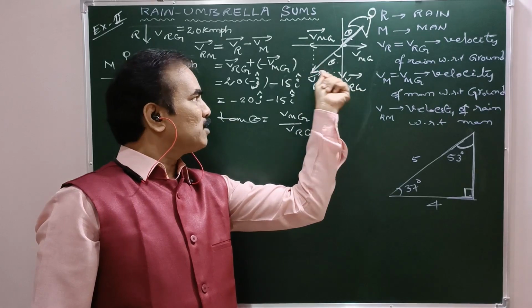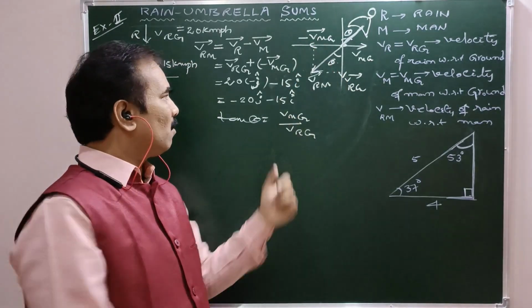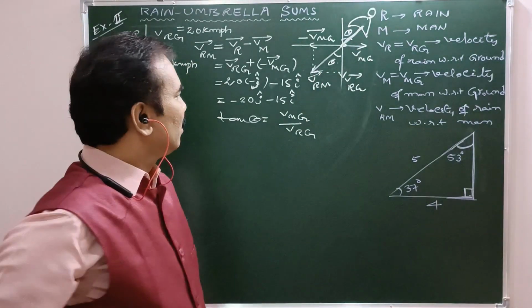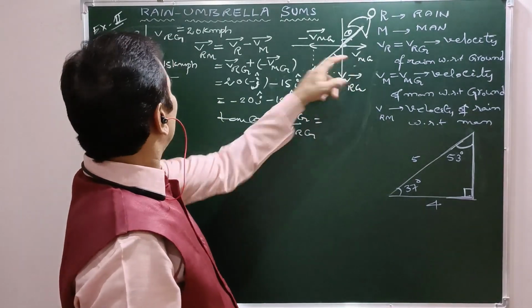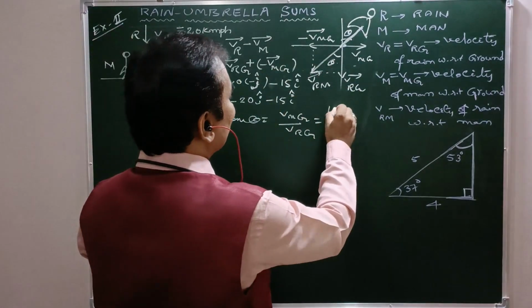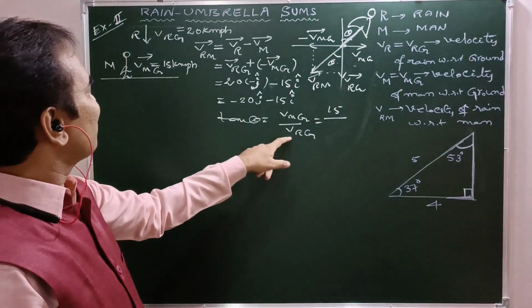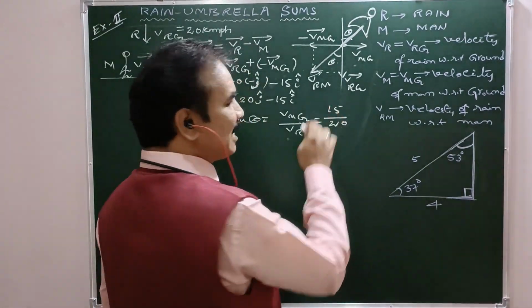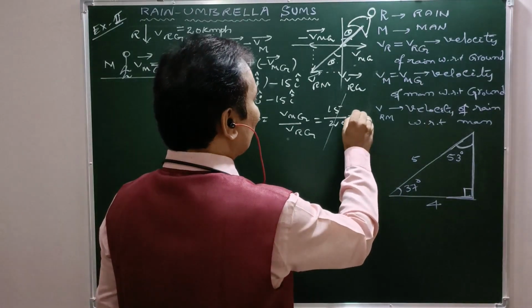Opposite is minus VMG bar, whose magnitude is VMG. So opposite VMG by adjacent VRG. Now what is VMG? Velocity of man with respect to ground, that is 15 km/h, divided by VRG, velocity of rain with respect to ground, 20 km/h. That is 3 by 4.